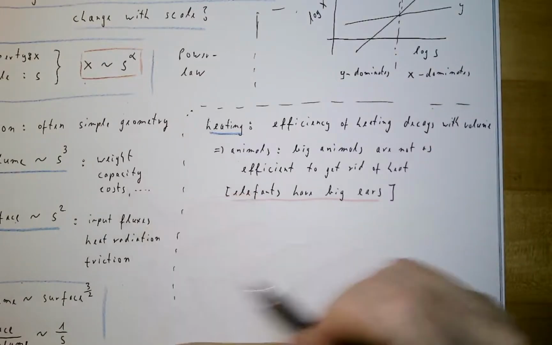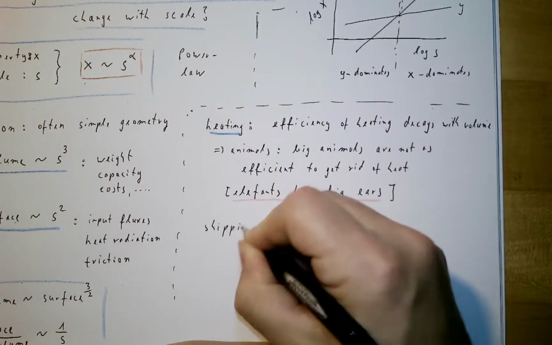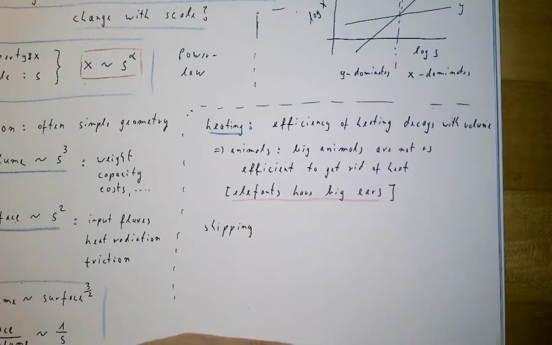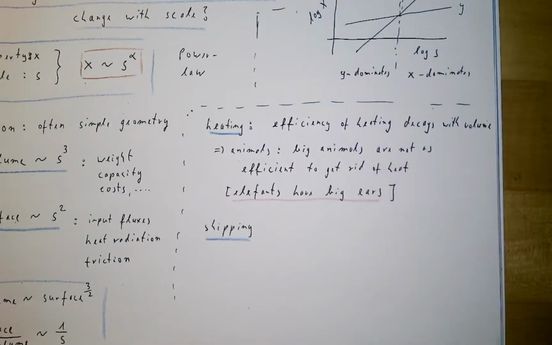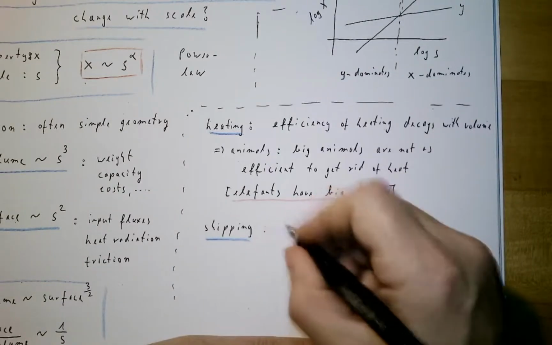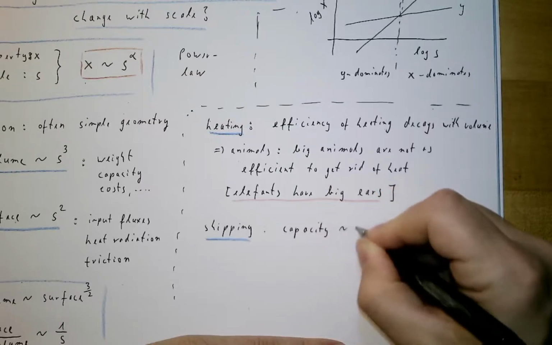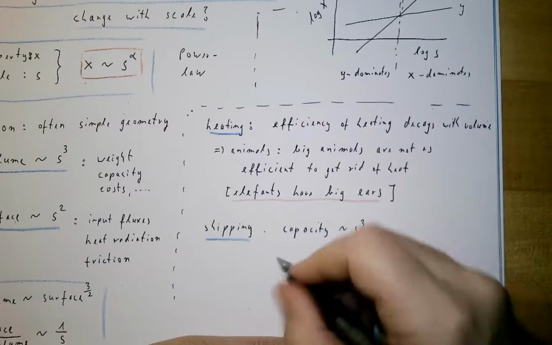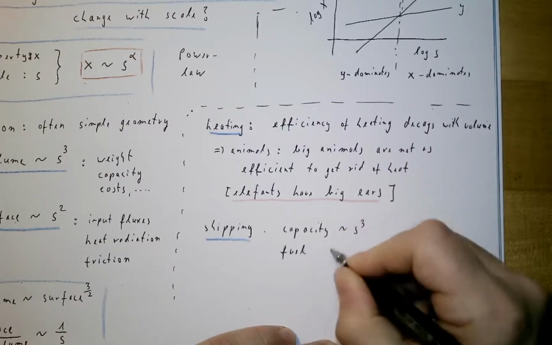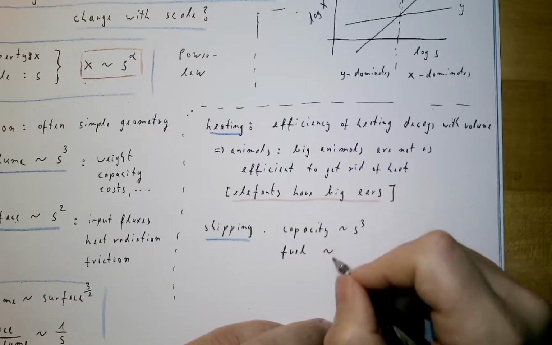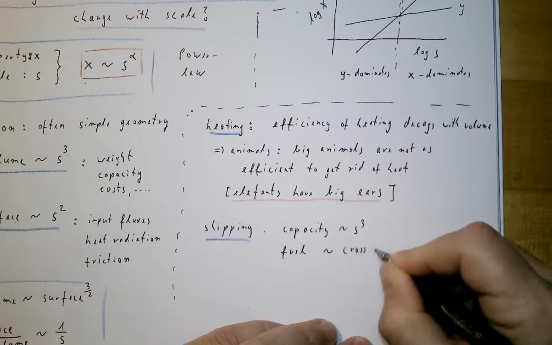Take now shipping. Other examples. If you have a ship, then the capacity goes with the volume, but the fuel goes roughly with the cross section of a ship.